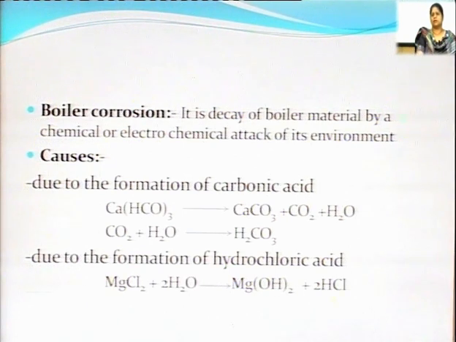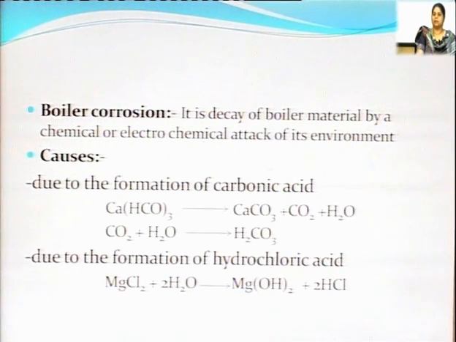The major cause of boiler corrosion is the dissolved oxygen or dissolved carbon dioxide in water. The carbon dioxide can be in dissolved form already present in water or can be formed by the decomposition of calcium bicarbonates present in hard water. This carbon dioxide forms carbonic acid, which attacks the boiler material.